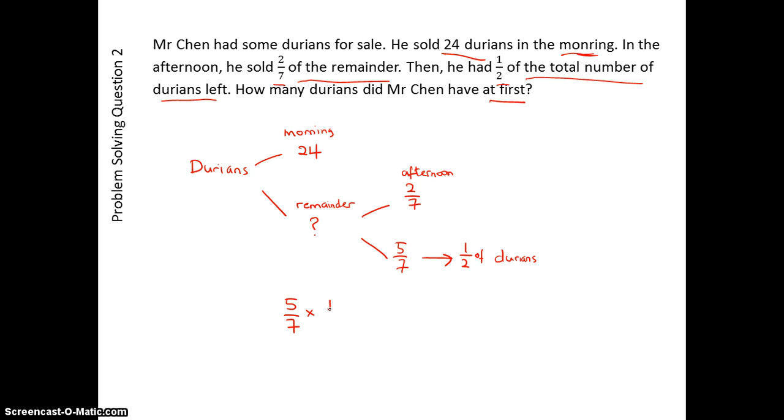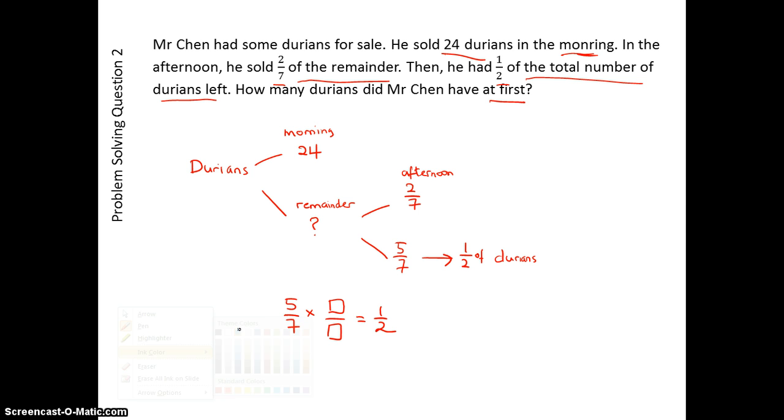So 57 times something over something will give me half of the durians. Okay, so let's see. What fraction can this be? Now in this case, it looks difficult. Okay, so let's do trial and error. Now, if it's so difficult, let's try a different method.